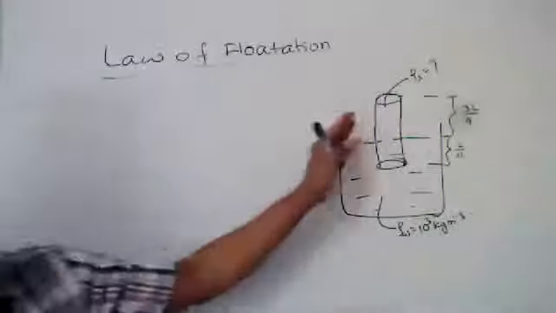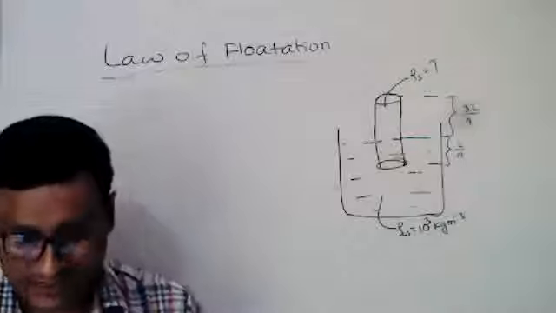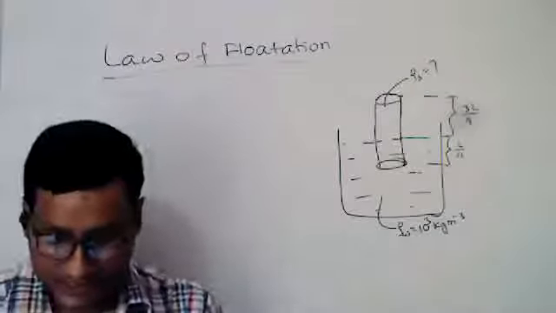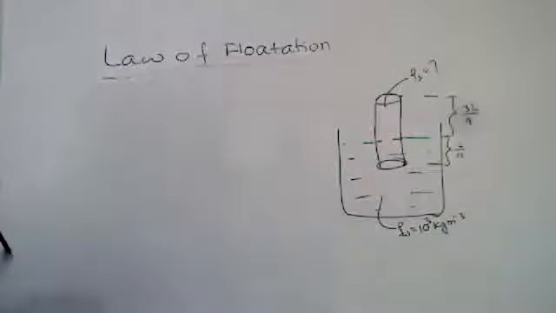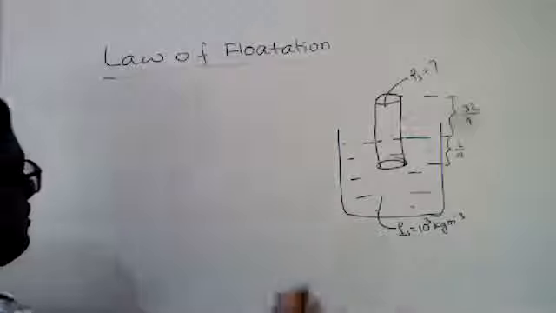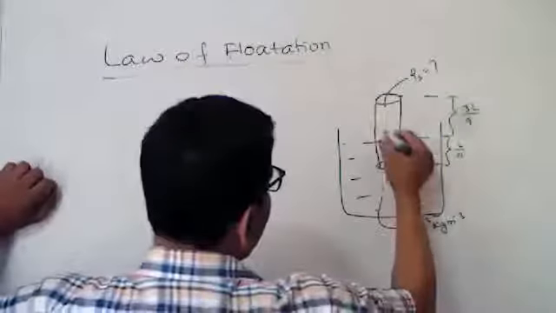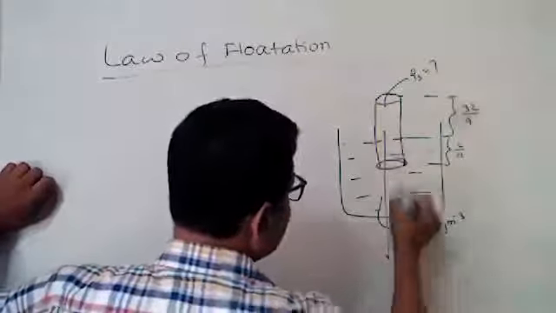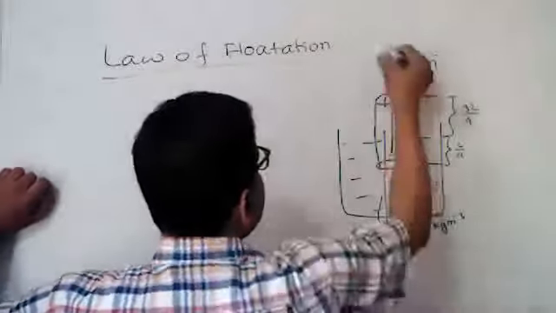Here the cylinder is in equilibrium, so we can say net force equals 0. The weight of the cylinder equals the upthrust. Weight acts in this direction, and upthrust acts in this direction.